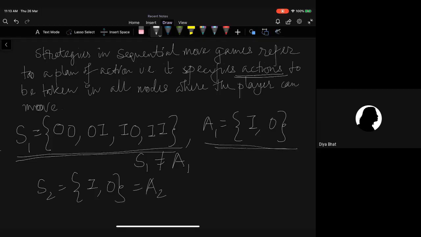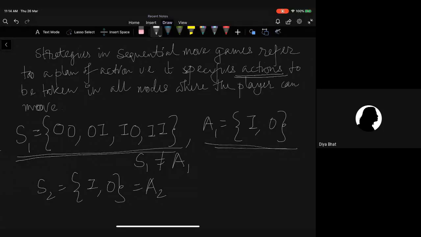So for player two, the action set and strategy set are the same, but for player one they're different. That's why we use these two terms, strategy and action, in game theory, to make a distinction between the two in sequential move games. This I wanted to emphasize.